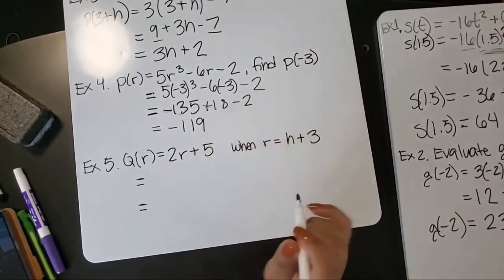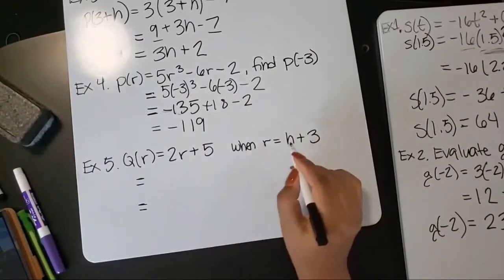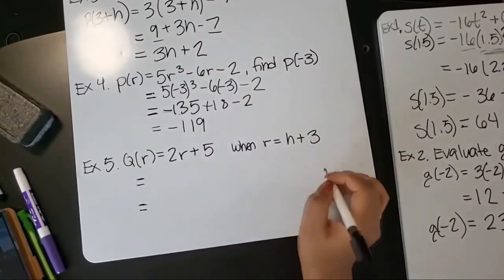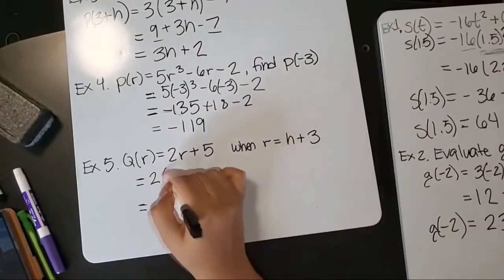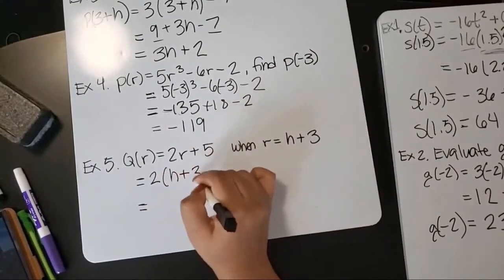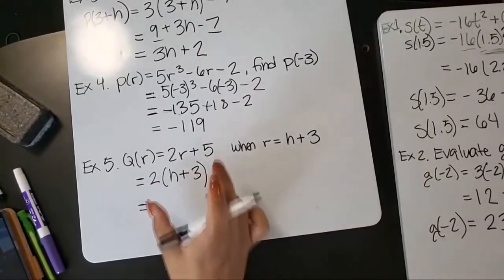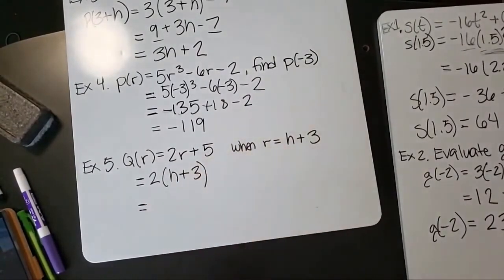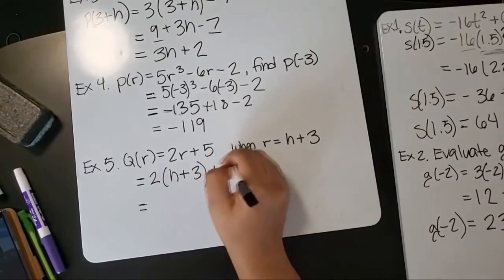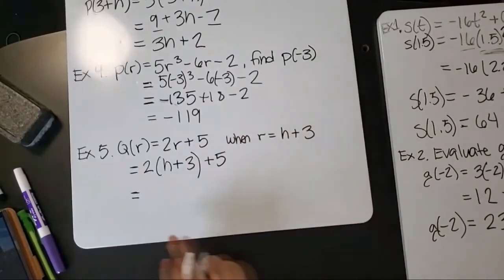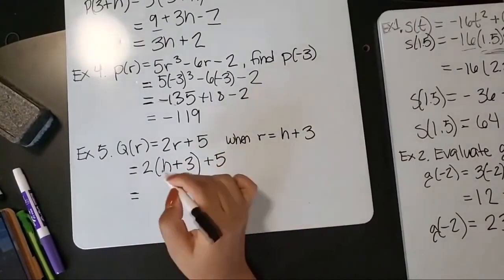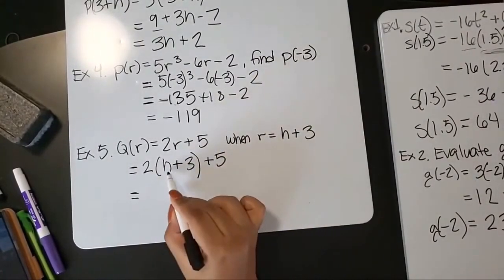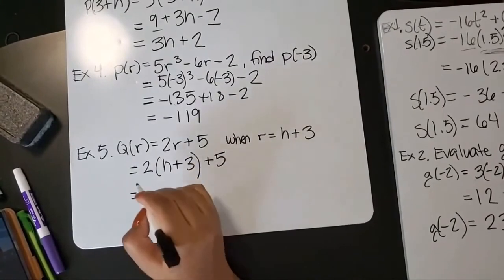Look at example 5. We've got 2R plus 5 when R is H plus 3. So remember, where R is, we're going to plug in H plus 3. Plug in the whole thing, and we want to put it in parentheses so we can clearly see what we need to do, which is the distributive property. All right? So we have to multiply the 2 times the H and by the 3.